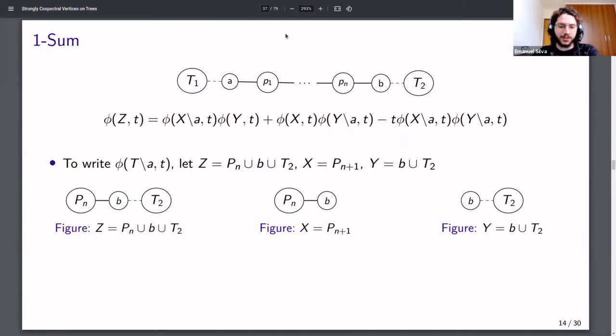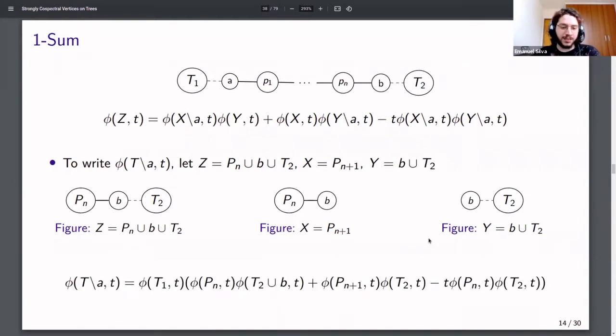And the rest of the graph is simply the path, b, and T2. Our graph X for the one sum is going to be the path connected to b, and our graph Y is going to be b connected to T2. So in this case, b appears in both X and Y, and we're going to apply one sum at b. And the resulting expression is this one.